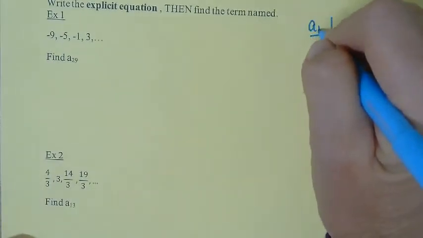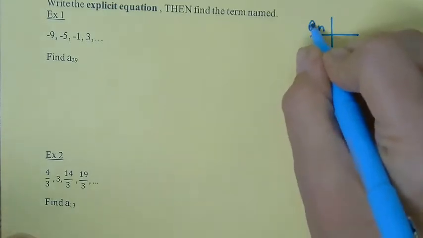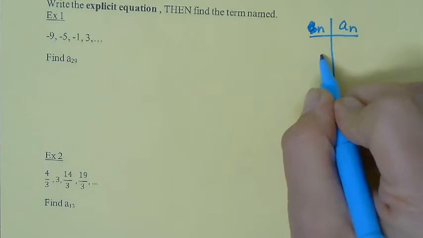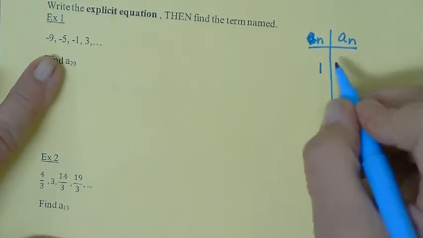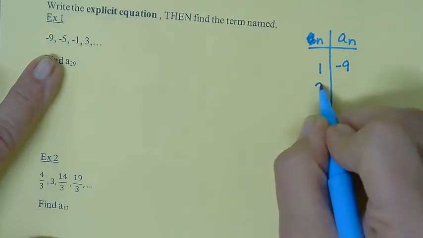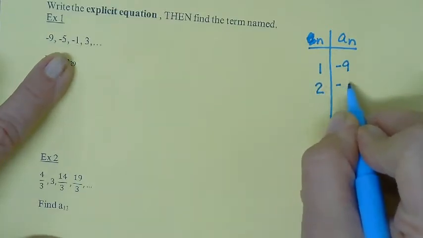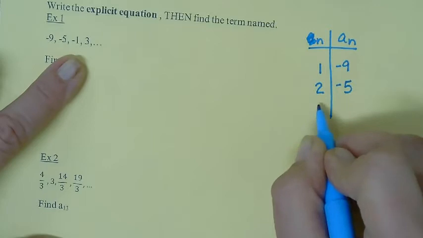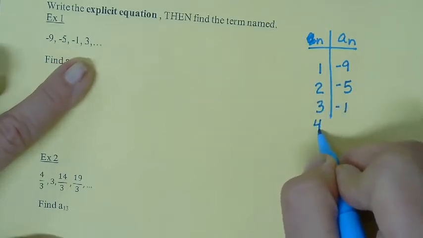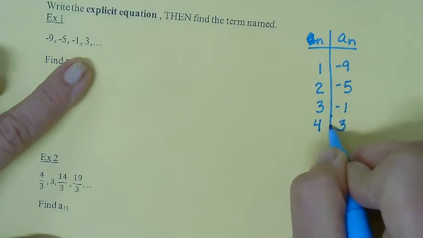This is our n, and this is going to be our a sub n term. So our first term here is -9. Our second term is -5. Our third term is -1. And our fourth term is 3.